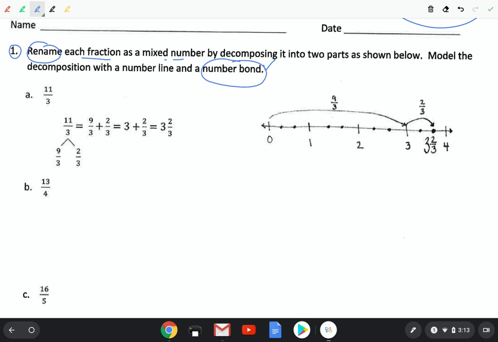For sure, let's practice using a number bond. The number line, that's going to be a choice, okay? If you want to use the number line, feel free to use it. Otherwise, you don't have to, okay? And for sure this, I am not interested in this, that's okay. I'm gonna show you the way that I want you guys to do it, okay?